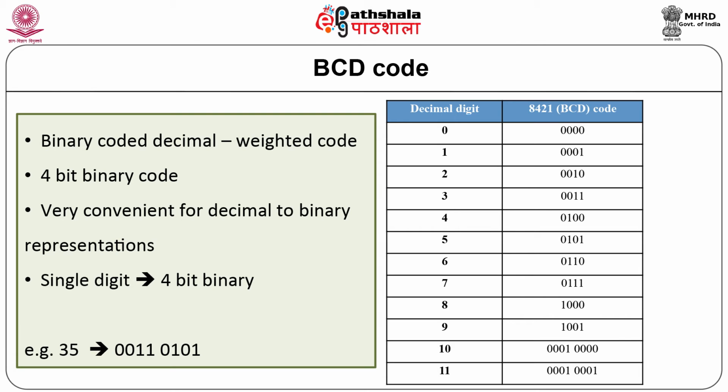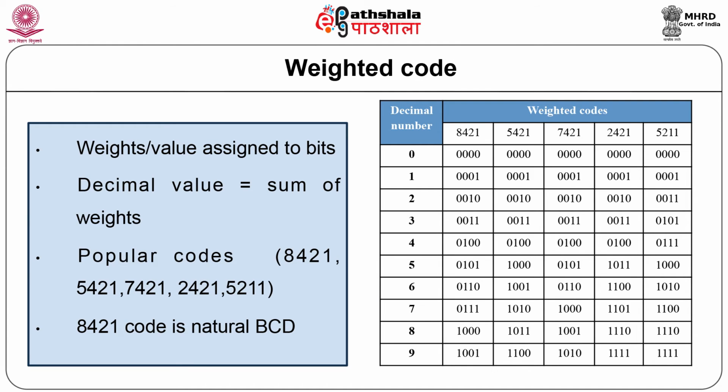So for example, decimal 35 can be represented in BCD as 0011 0101. In the weighted codes, the weights or values are assigned to the binary bits as per their bit positions. The decimal value of the code is the algebraic sum of weighted digits.